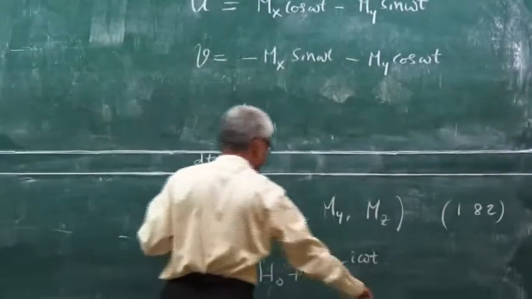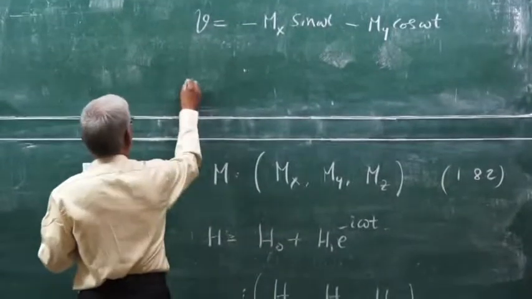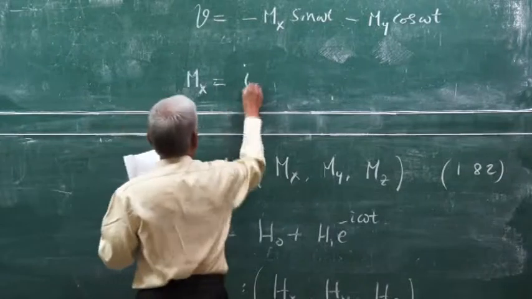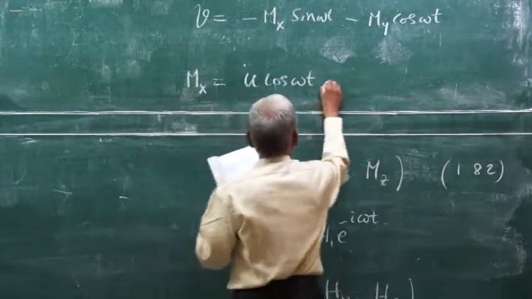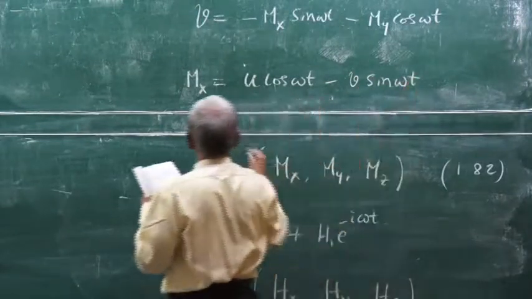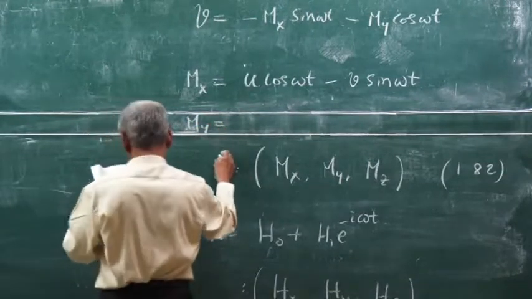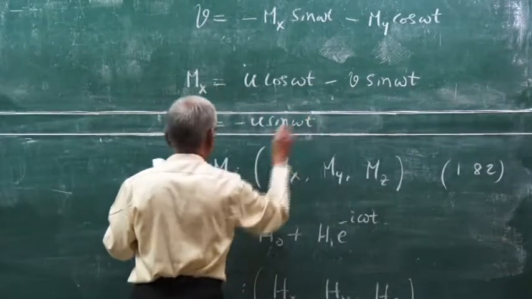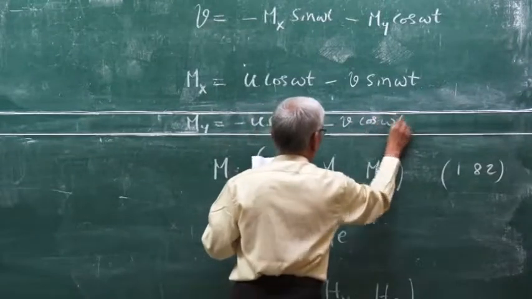And the inverse of that will be Mx is equal to U cosine omega t minus V sine omega t, and My is minus U sine omega t minus V cosine omega t.